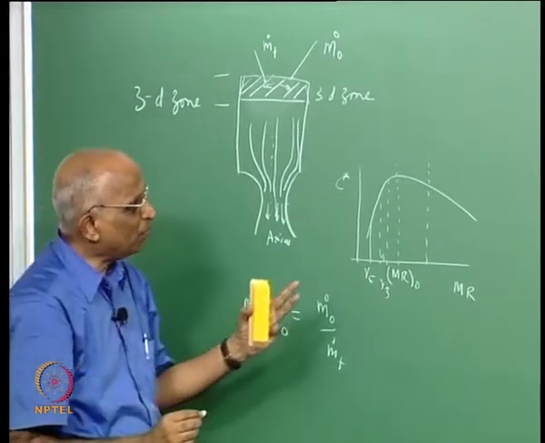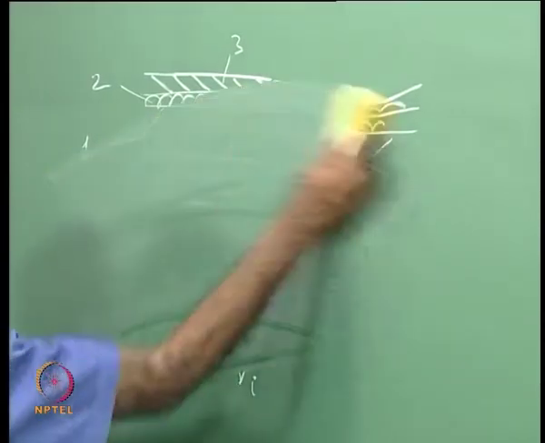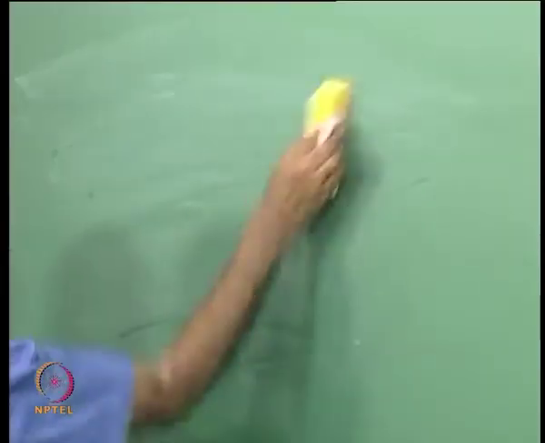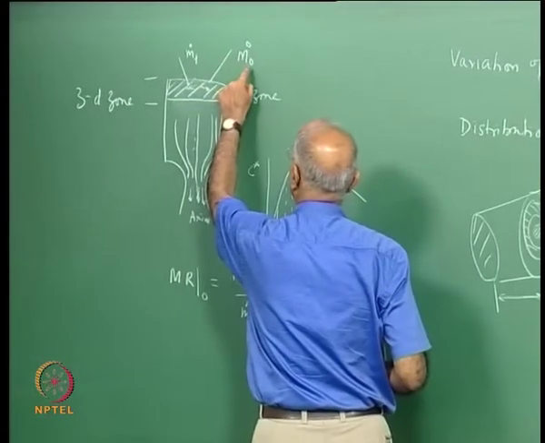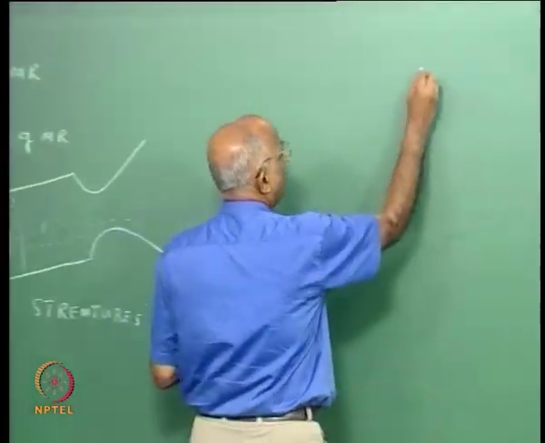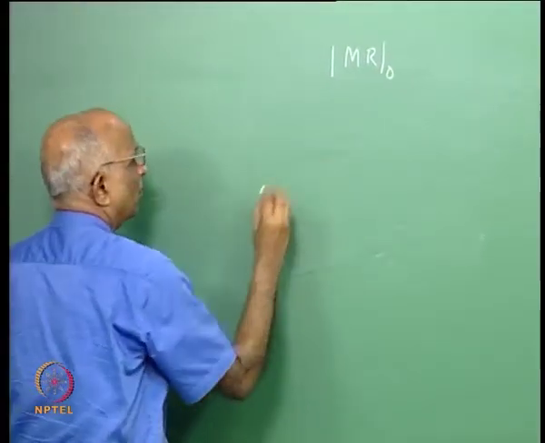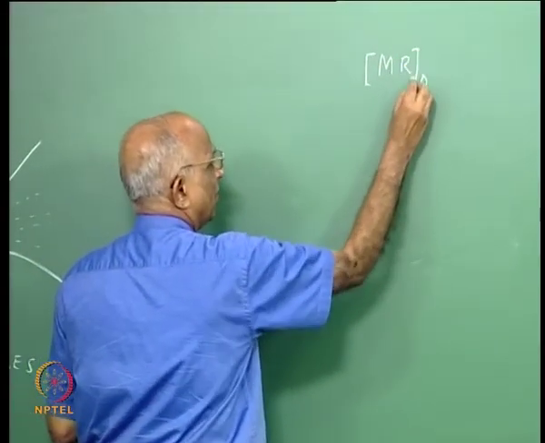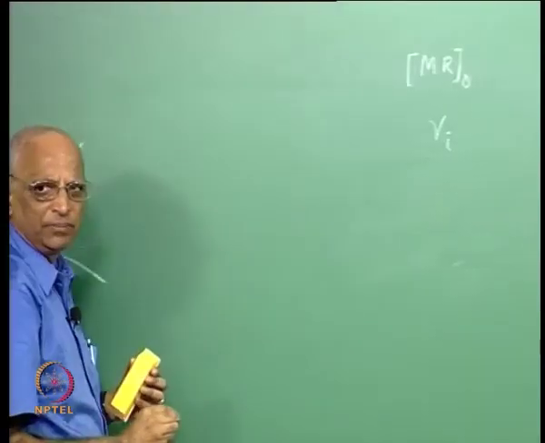Therefore, now I want to put this in terms of a single parameter, say a distribution parameter, and what is my mixture ratio at injection? It is MR0, this is the value which I am injecting, which is the ratio of mass of oxidizer to mass of fuel. Therefore, now I can say, well, my mean mixture ratio at injection is equal to MR0, whereas each of the stream tubes has a value Ri.